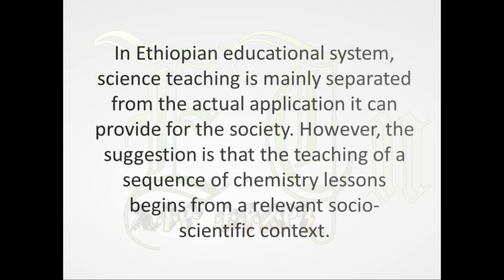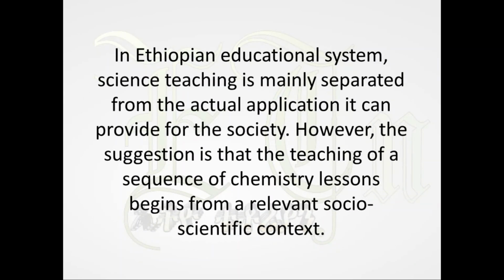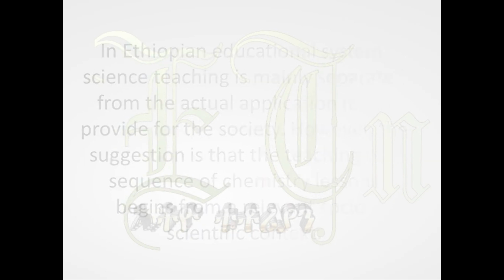In the Ethiopian educational system, science teaching is mainly separated from the actual application it can provide for the society. However, the suggestion is that the teaching of a sequence of chemistry lessons begins from a relevant socio-scientific context.